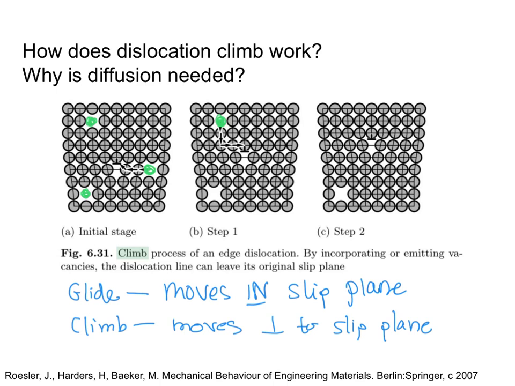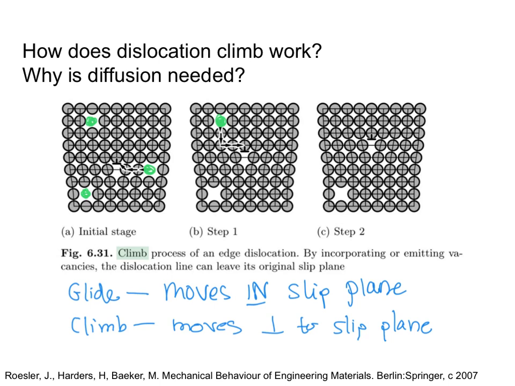A couple of things to note about dislocation climb is that because it relies on vacancy motion, it happens more at elevated temperatures where vacancies can move more easily. And to understand climb, it's useful for us to think again about the stress fields around a dislocation.